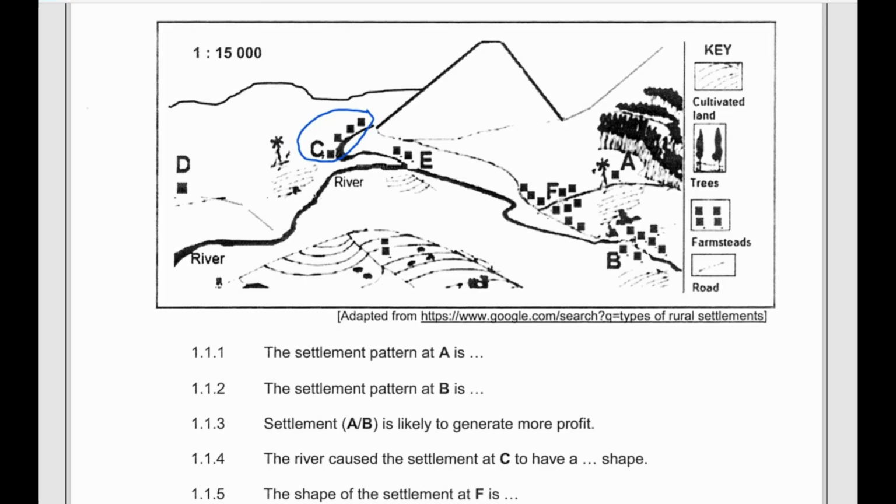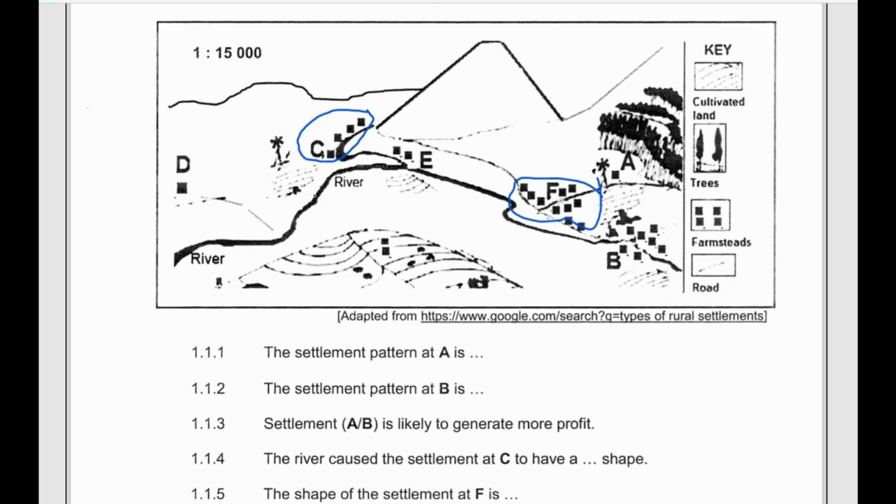So when you're talking of the shape of a settlement, we can figure out that this is a linear settlement. Also, using the concept of settlement shape, you can see that settlement F is a T-junction shape. There's this route and this route connecting here to form a T-junction settlement.